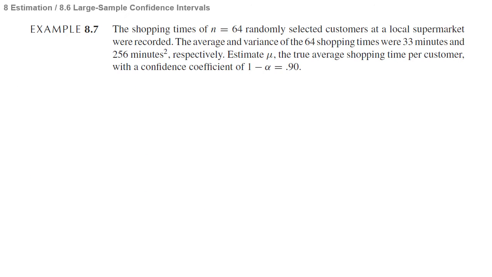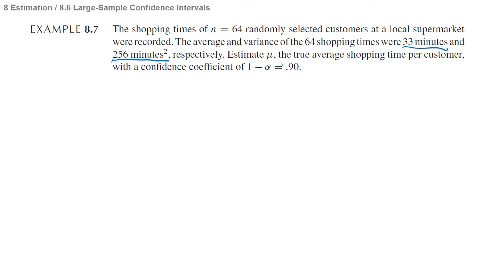Okay, let's move on to a more realistic example, which is example 8.7. The shopping times of n equals 64 randomly selected customers at a local supermarket were recorded. The average and variance of the 64 shopping times were 33 minutes and 256 minutes squared, respectively. So they are the mean and variance.